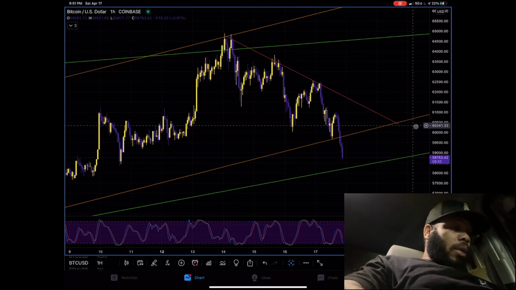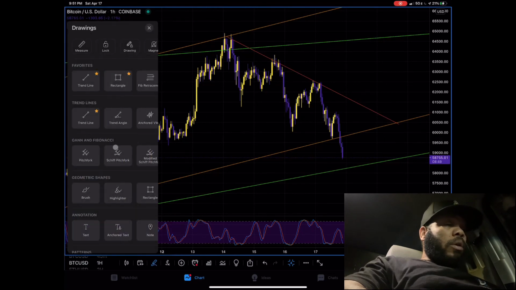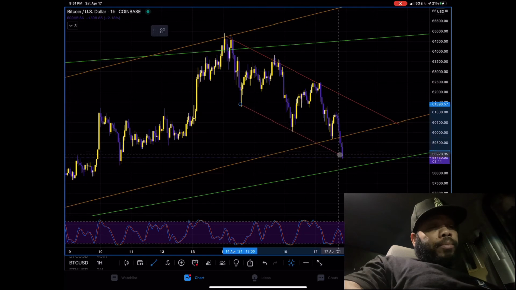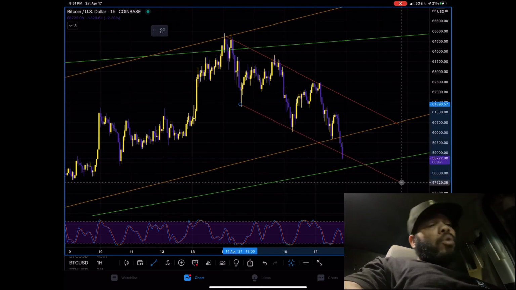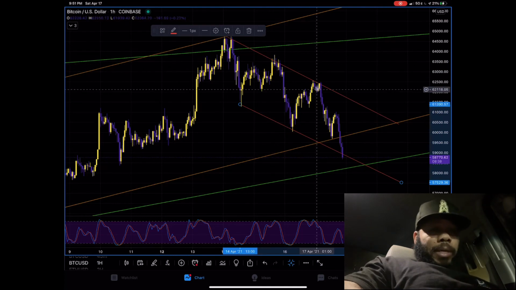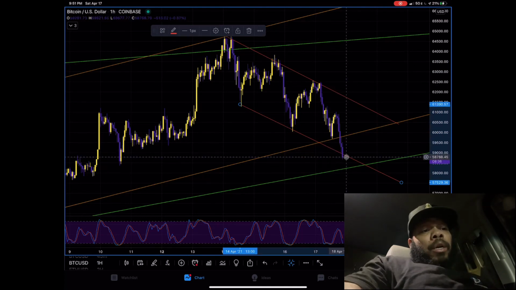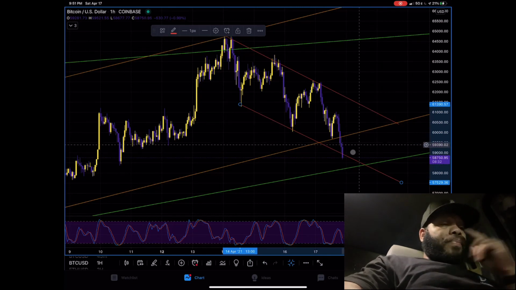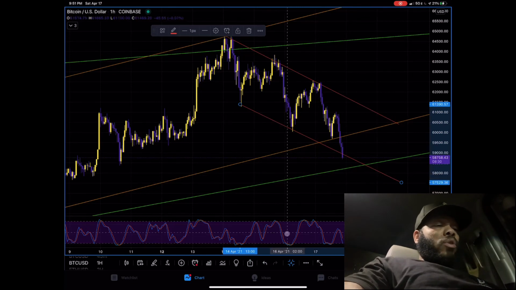So boom, red. Make another floor. Boom, boom, boom, boom. Look at price. Down, up, down, up, down. What do I expect it to do? I can trade from this level to that level.